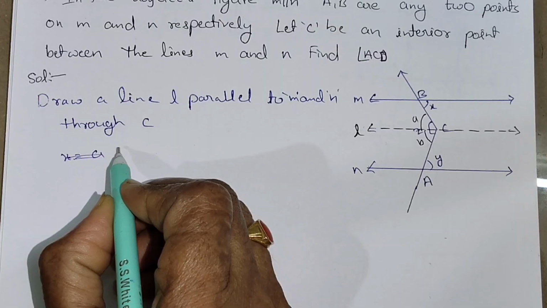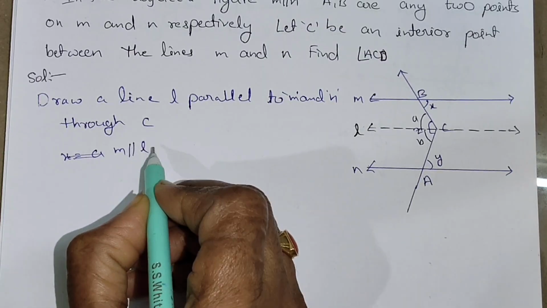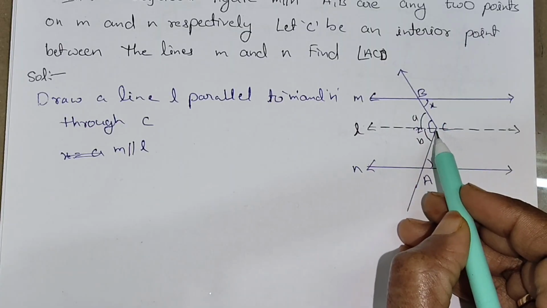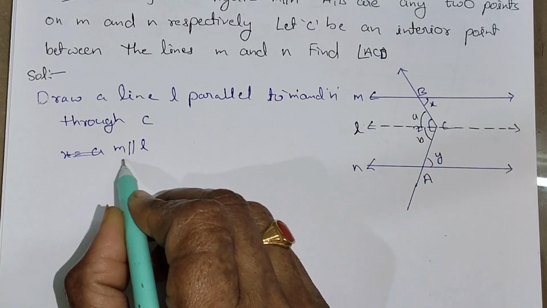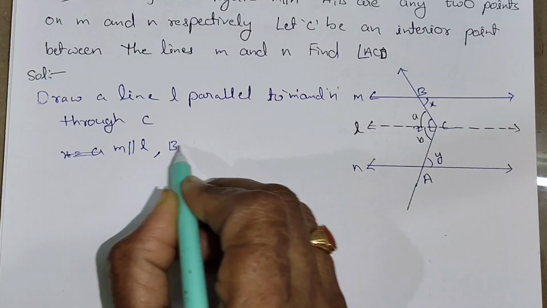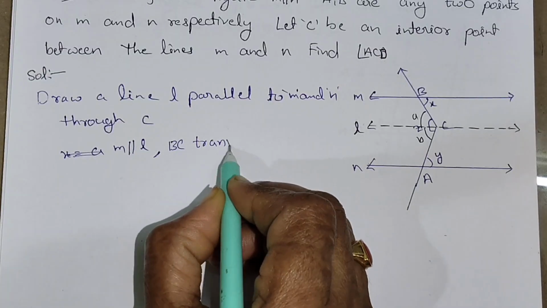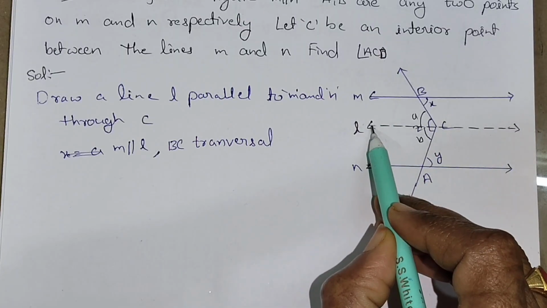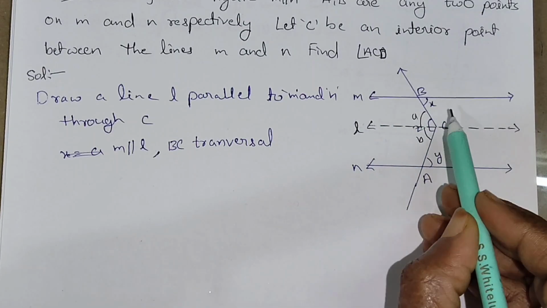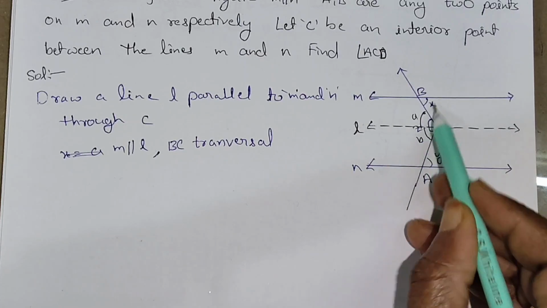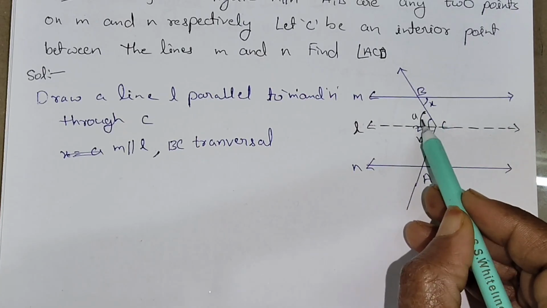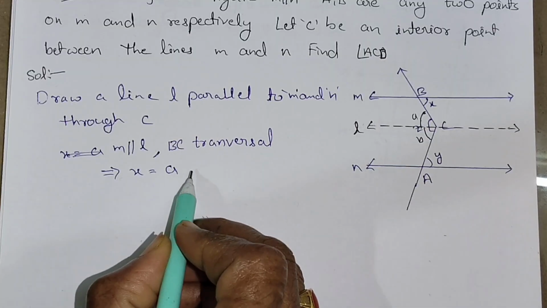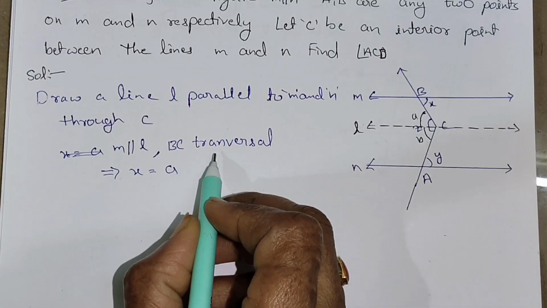M is parallel to L, and BC is an intersecting line. M is parallel to N and BC is a transversal. For parallel lines L and M with BC as a transversal, X equals A. These two are the alternate interior angles.